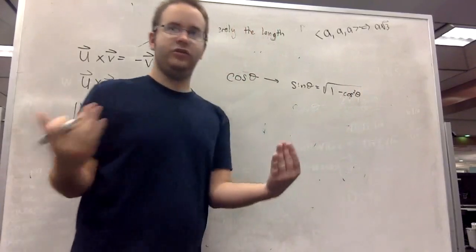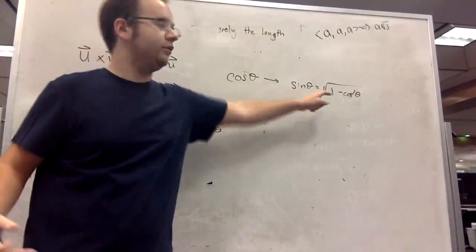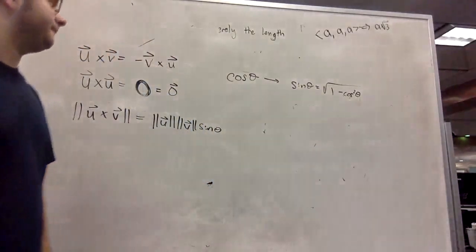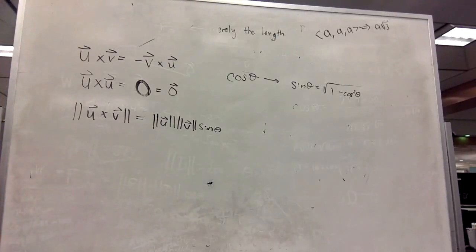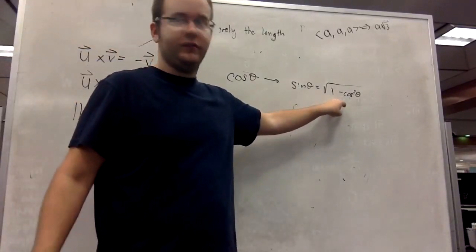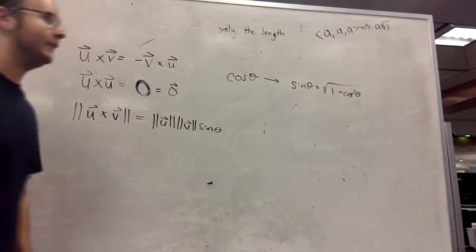Right? You know that relationship between sine and cosine. Sine squared plus cosine squared is 1. So I could solve for sine by doing 1 minus cosine squared of theta. That's one way of doing it. Or again, you could just start with this instead, since people are like, I'd rather not have to remember this because I'm sure I won't remember it in a few hours. So people just like to stick with this. But it's up to you.